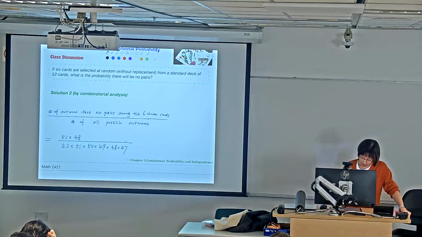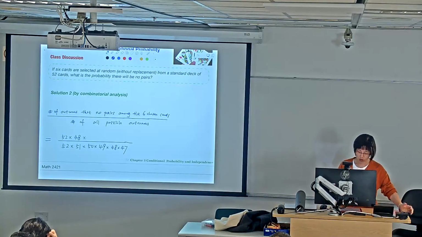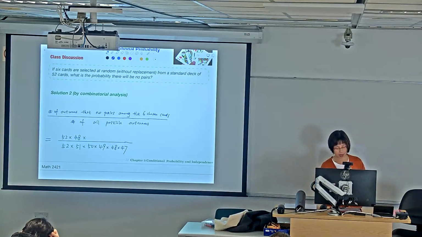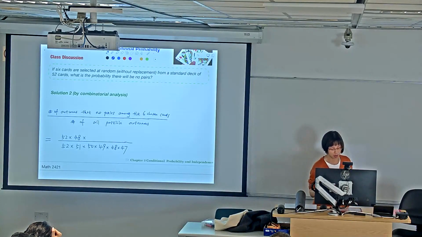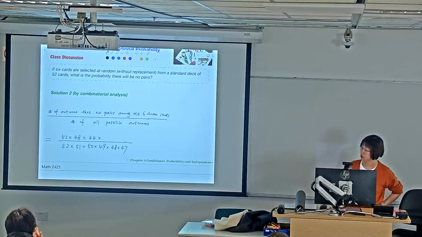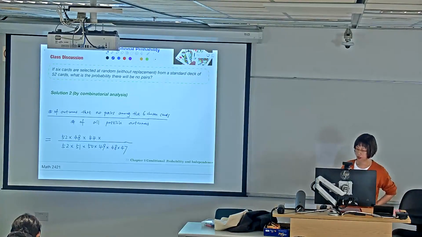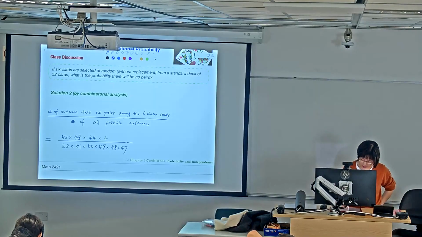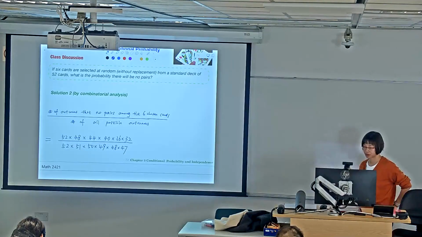For the third card, the first 2 cards are chosen, so you don't want the same numbers as these 2. We exclude 8 cards, so you're left with 44 choices. For the fourth card, you are left with 40 choices if you don't want any pairs. For the next one, you are left with 36 choices, then 32 choices for the last one.